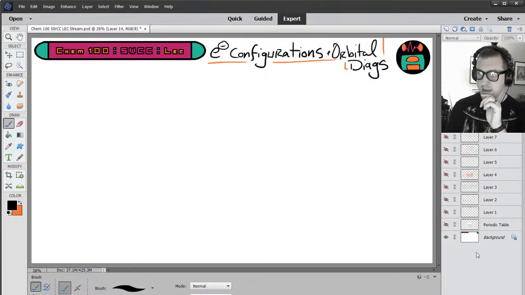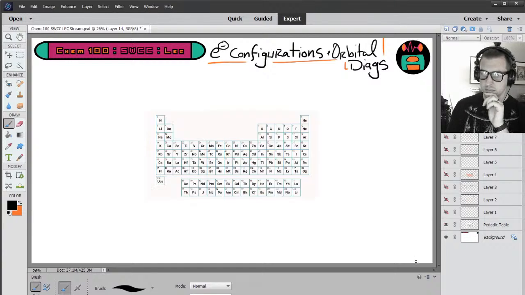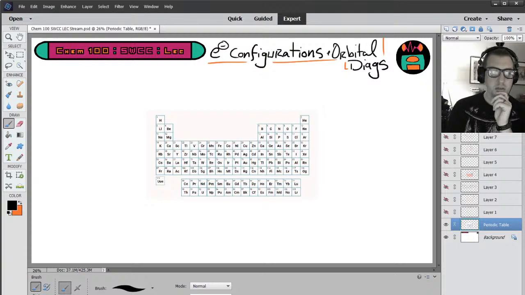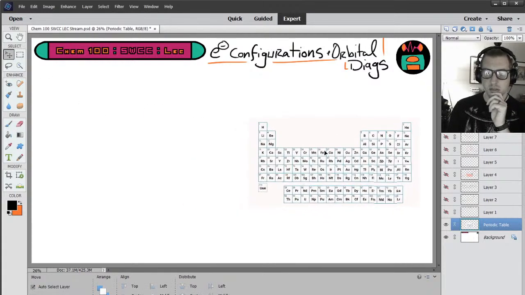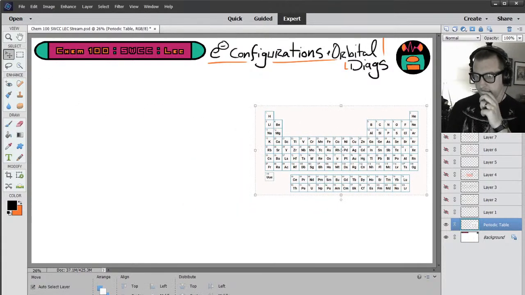I need my periodic table. I'm going to move it over just a bit.